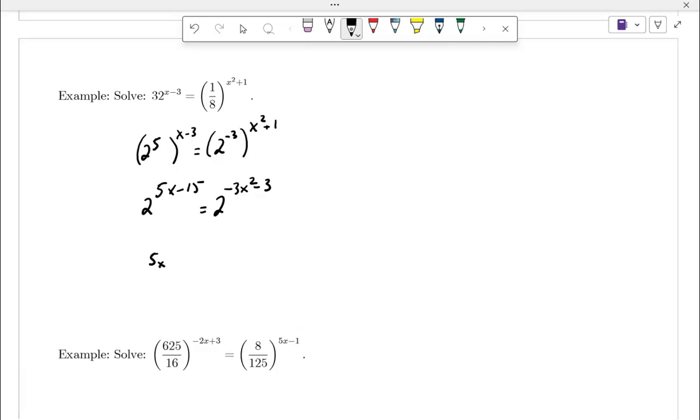So we'll have 5x minus 15 equals -3x squared minus 3. Yep. Okay. Again, we have a polynomial equation, so we'll want to move everything over to one side, right? Let's add the 3x squared over and add the 3 over.